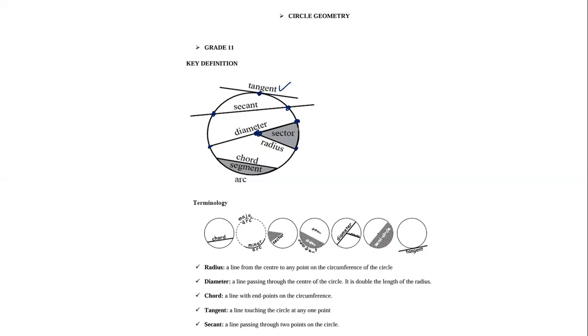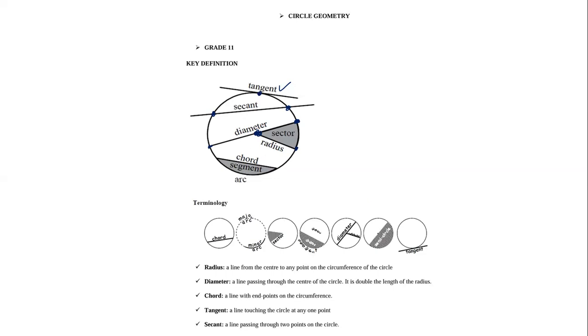Now, these two radii form a sector. So this portion that looks like a pizza is called a sector. You will understand these things much better when we do the applications while we are proving the theorems. Angle subtended by a sector, and so on. By now, you know what a sector is when we say angle subtended by a sector. That's the reason why we need to learn these things, okay?